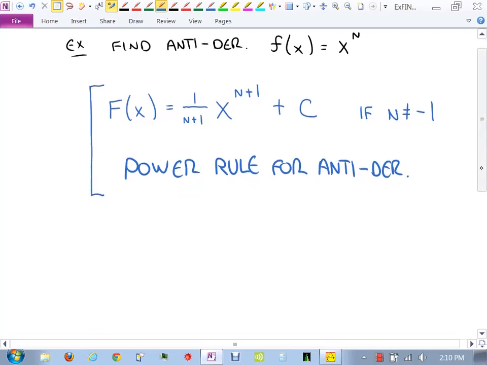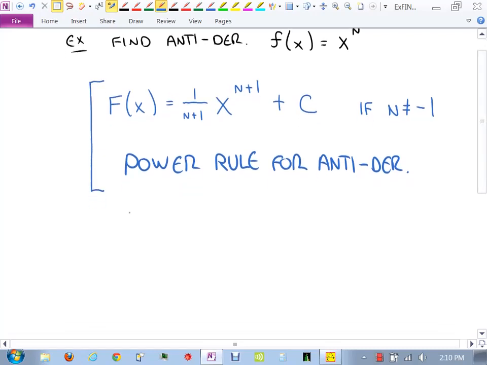So let me look at the case that it is. If n is equal to negative 1, then isn't my original function x to the negative 1? Isn't that 1 over x? And what is it that we take the derivative of to get 1 over x? The natural log.